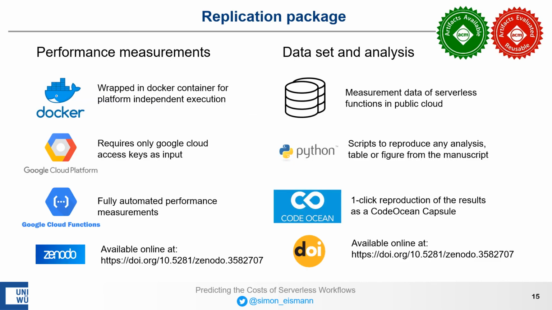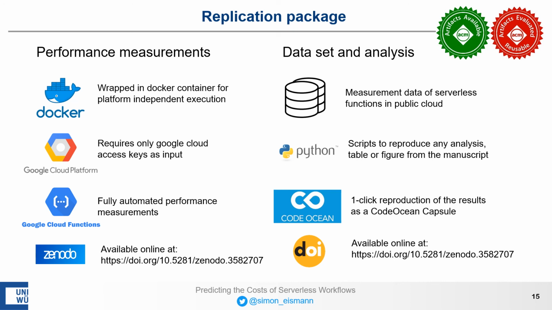So if you're interested in replicating the results I've just shown you, or if you want to take a look under the hood and see how any of the individual steps work, we've also published a replication package alongside this paper. It consists of two parts.